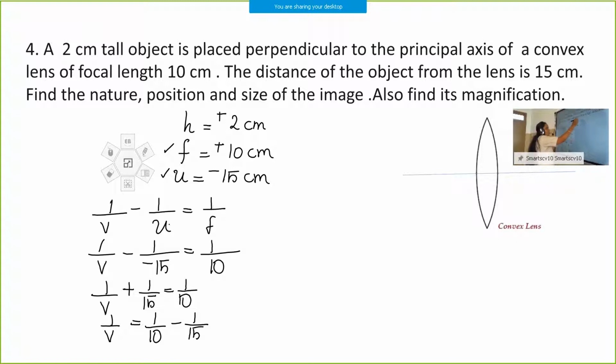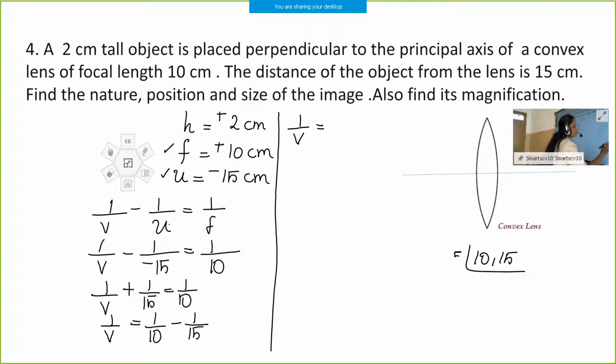Okay, children. So next you have to find out the LCM. So what you will get? 1 by v is equal to, what is the LCM of 10 and 15? 2, 3. So it is 30. So in the denominator you will get 30, and in the numerator what you will get? 1 by 10 into 30, it is 3, minus 1 by 15 into 30, it is 2.